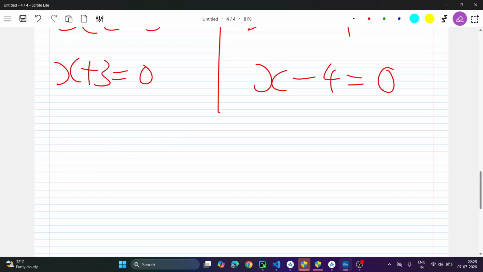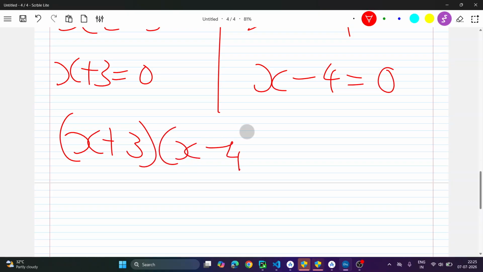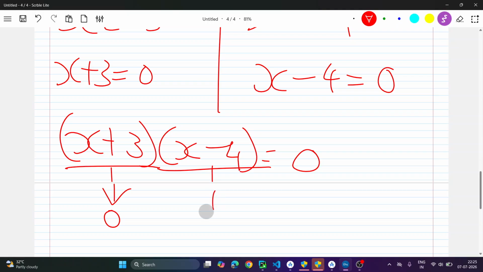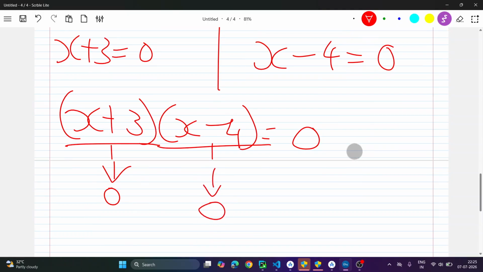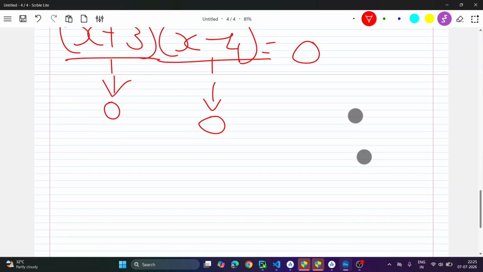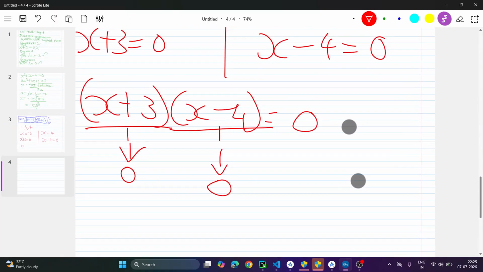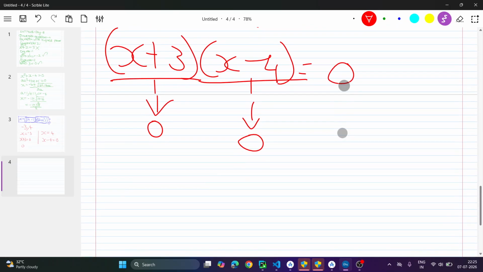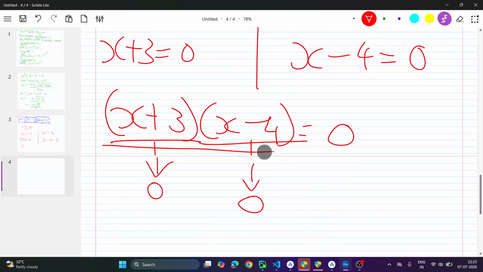So that's the key idea. You'll get x plus 3 into x minus 4 equals 0, because both of these are 0, so the whole thing will be 0. But you shouldn't directly show them because they look for the steps.